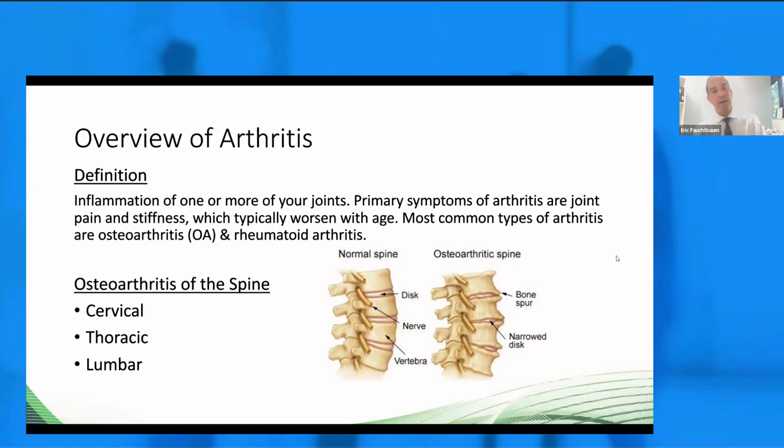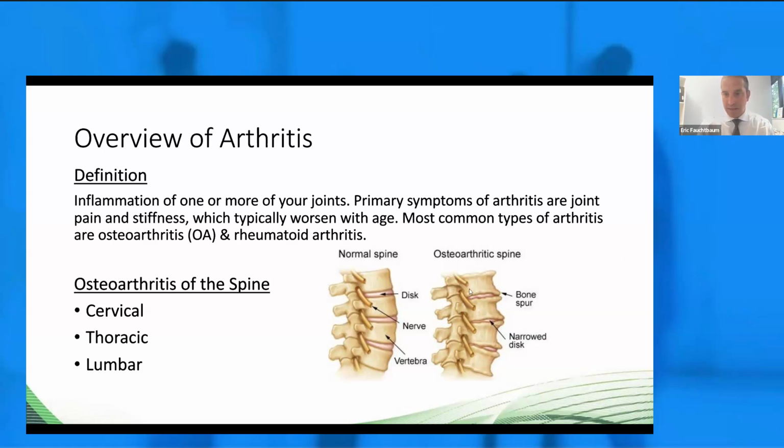So because these areas are subjected to more forces and more motion-related forces, they're more prone to osteoarthritis. In comparison, the thoracic spine, which is stabilized by our large rib cages, is relatively immobile. So you don't see as much osteoarthritis within the thoracic spine.